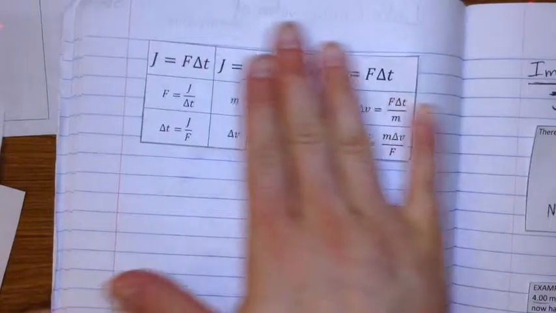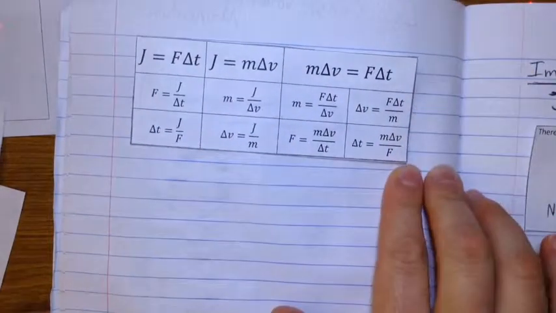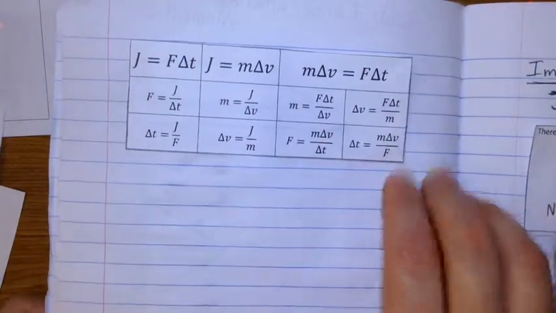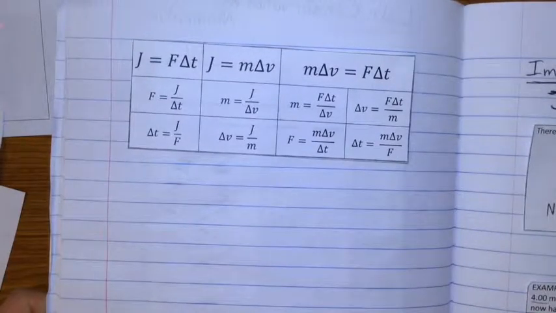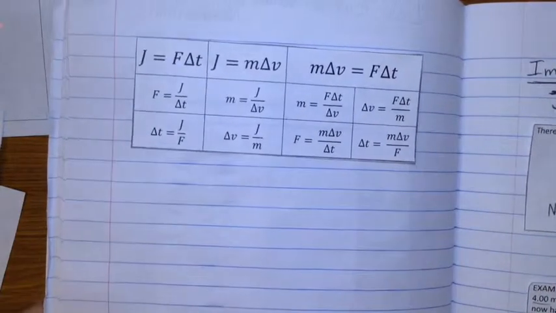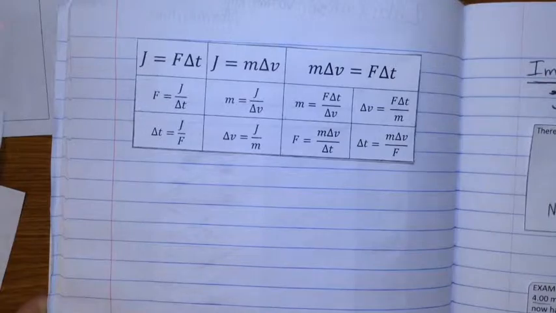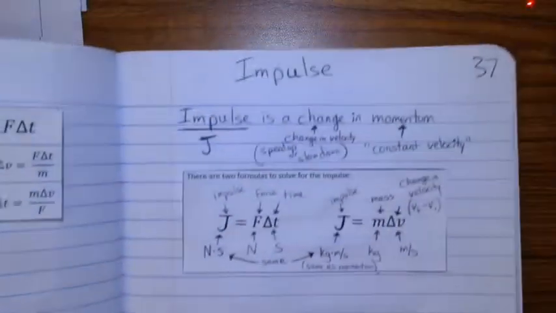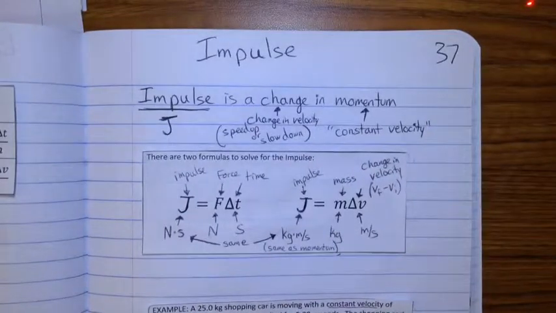So use this formula chart as needed to work through the practice questions on the worksheet. Like I said, you'll be given the exact same one to use on the quiz. That is impulse. Fairly easy.